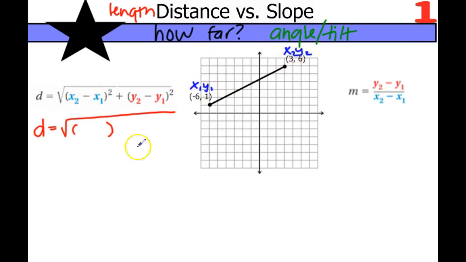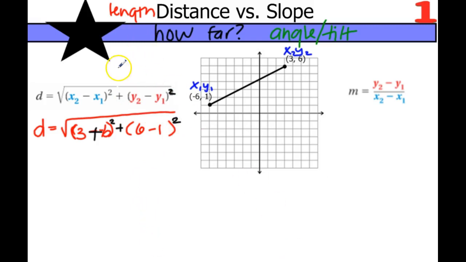So x2 is 3, minus x1, which is -6. Two negatives there make a positive, and it's squared. Plus, then we have our second set. We're subtracting our y's. y2 minus y1 is 6 minus 1. And don't forget the squared. The exponent of the power of 2 applies to the parentheses.